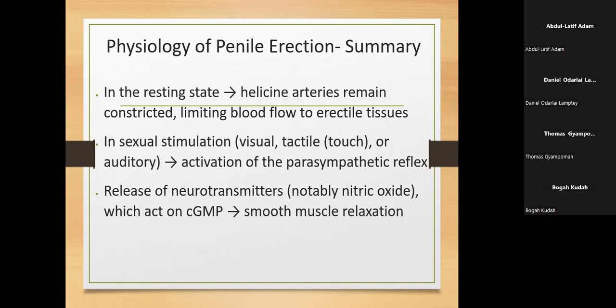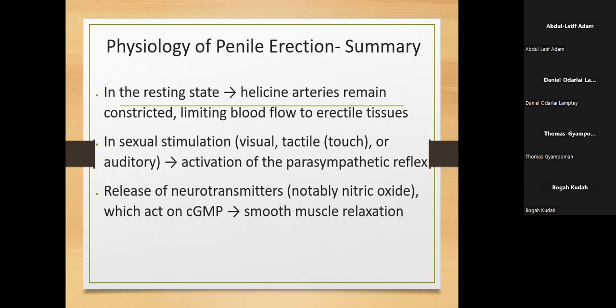Now, I was going to say that we have what we call erogenous zones in the human being. The word ero, like we said, talks about love or sexual, and then genus means producing, as in exogenous, endogenous. So erogenous means something that has a tendency to produce a sexual effect or a love effect.